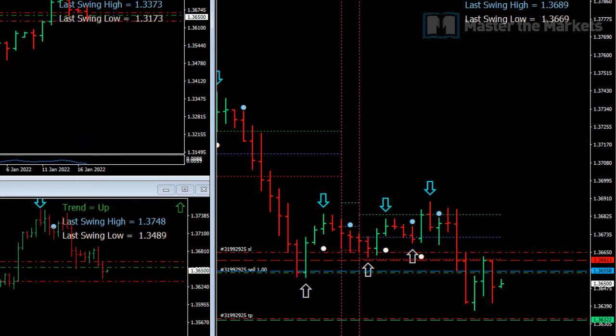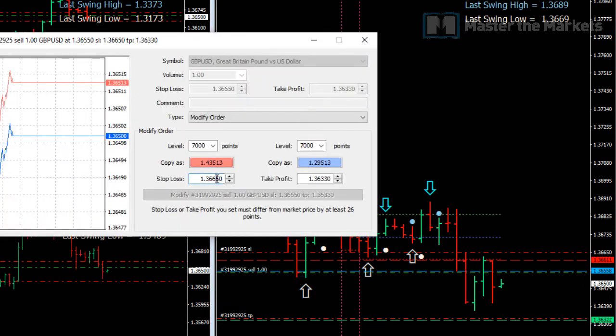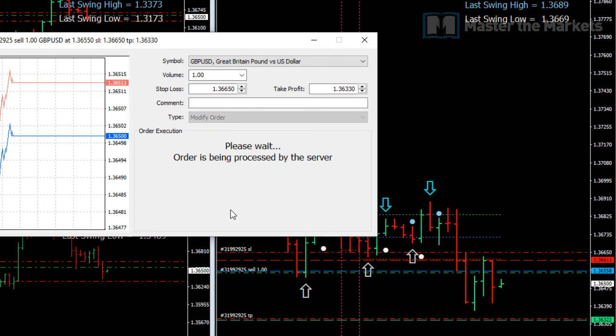Actually, we can do it at 3662 because if it does get there, then we can do it at 3663, for a 1 pip spread. So let's see. Now it's processing, and then the order will be placed.